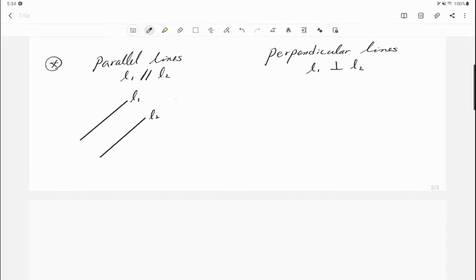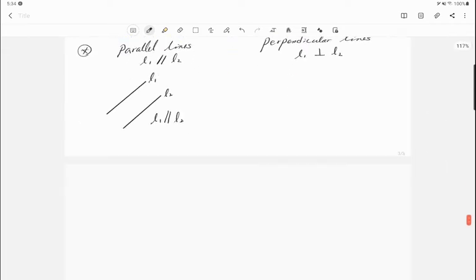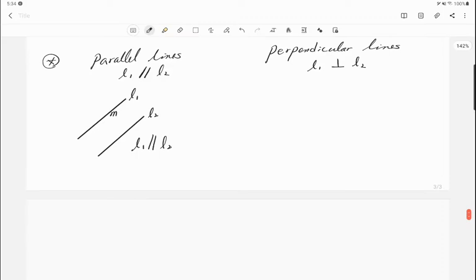And we say the two lines are parallel if the slope of the first line and the slope of the second line are the same. So if two lines are parallel, then the slope of the first line and the slope of the second line are the same. Simple, isn't it? Simple.